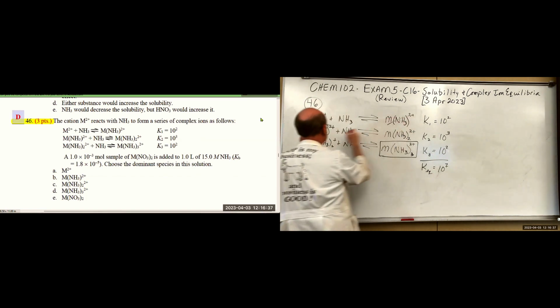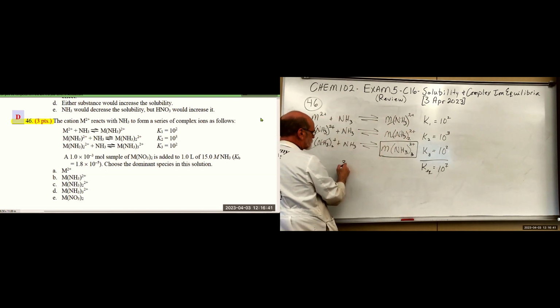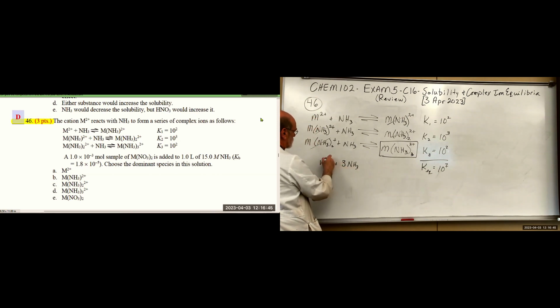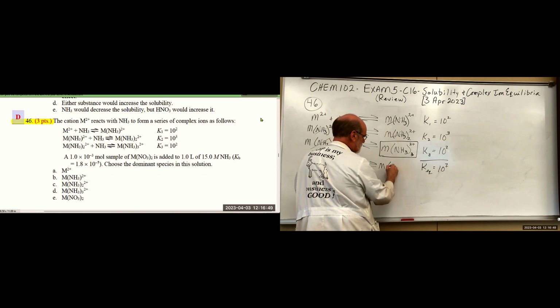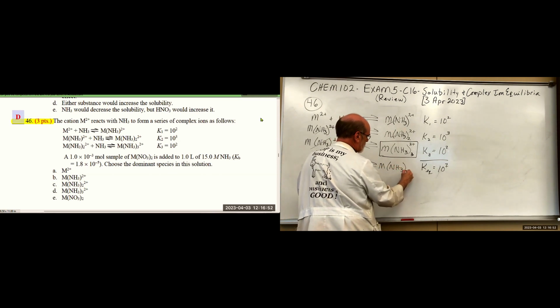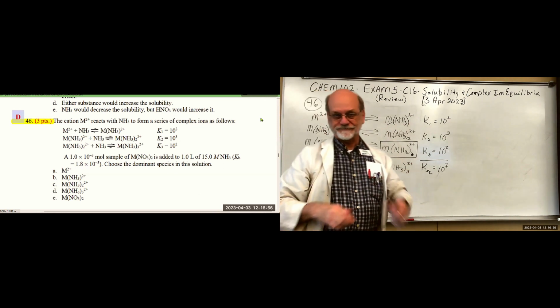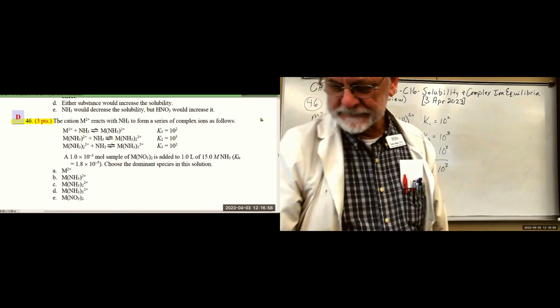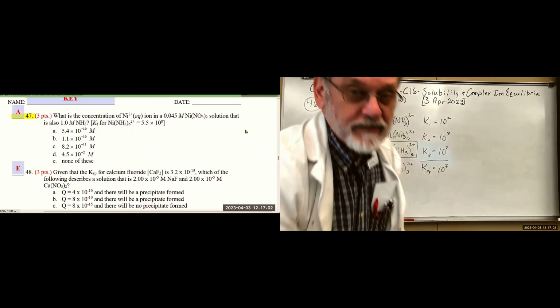This one goes out, this one goes out, and you're left with 3 ammonias and the metal in equilibrium with this species. That's the dominant species. Okay. 47.